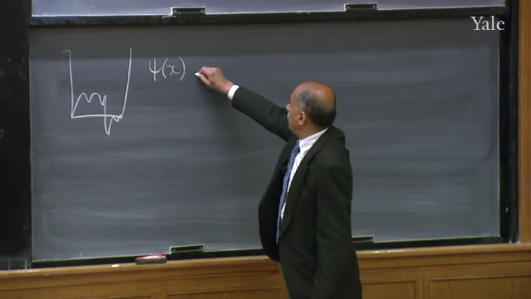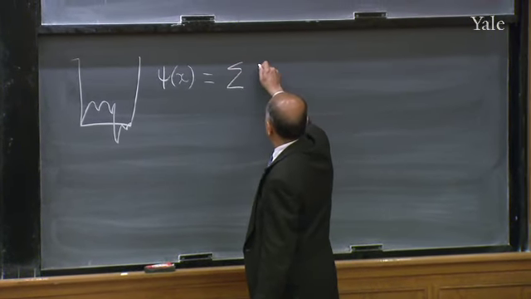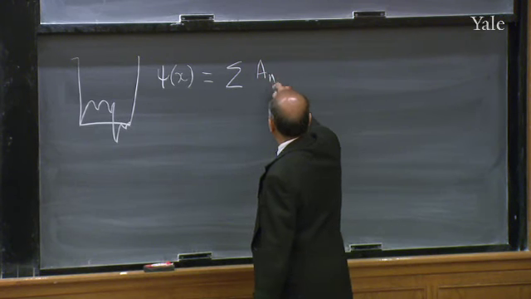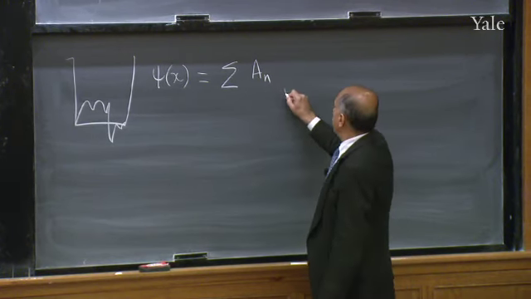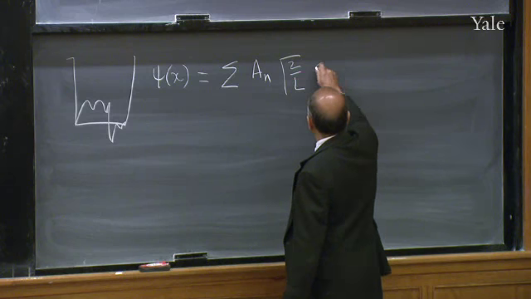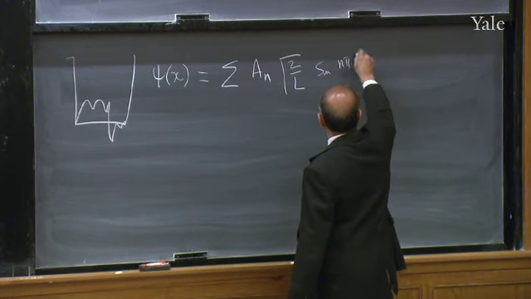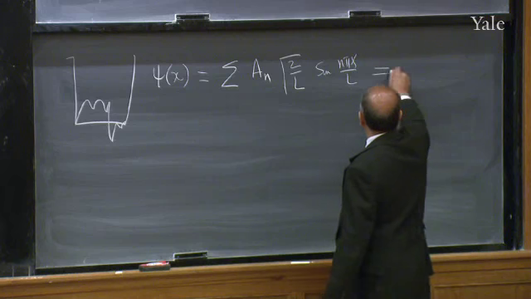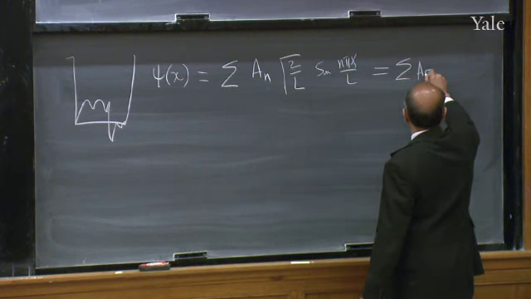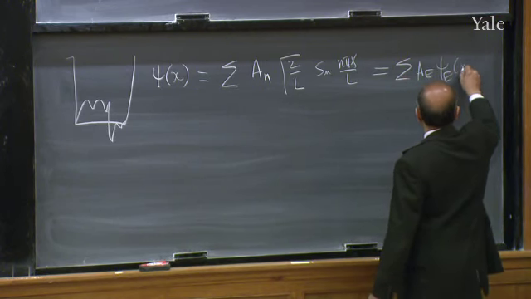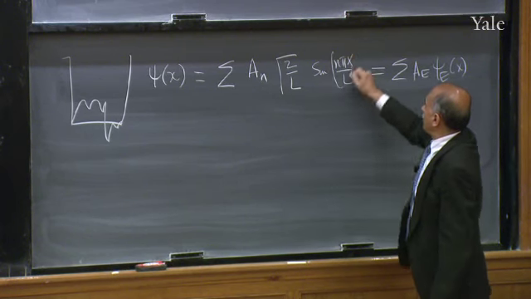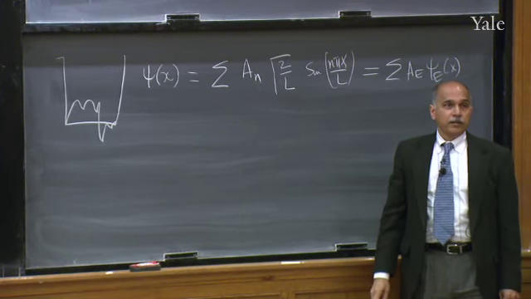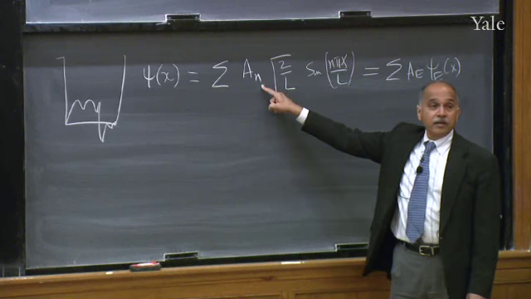That's correct. You will have to write this guy as a sum of a sub n, let me call it n for energy now, times square root of 2 over L sine n pi x over L. I mean, this is just a sub e psi sub e of x. It is labeled by an integer, so I'm writing it this way. Then I have to find a sub n.